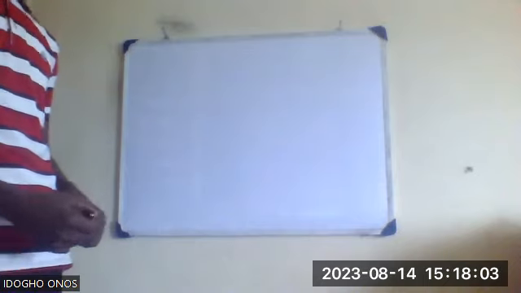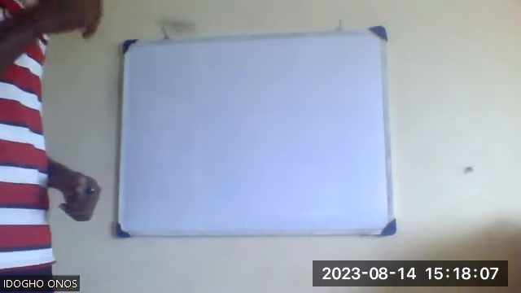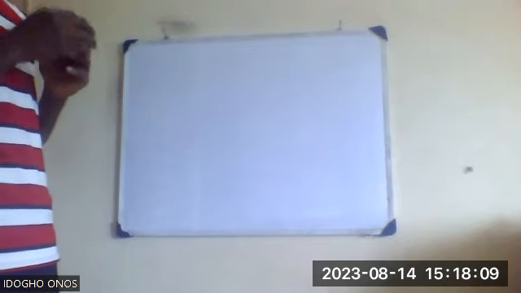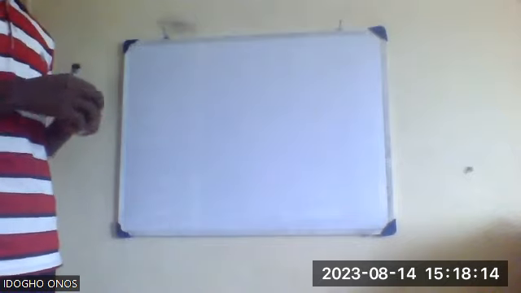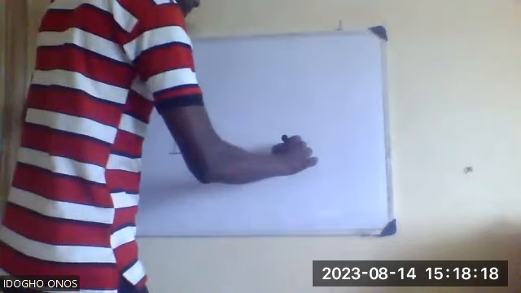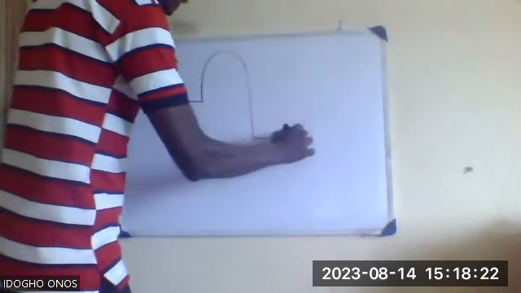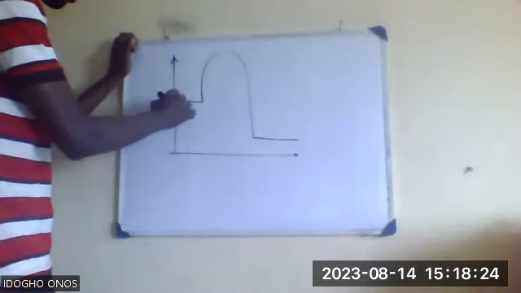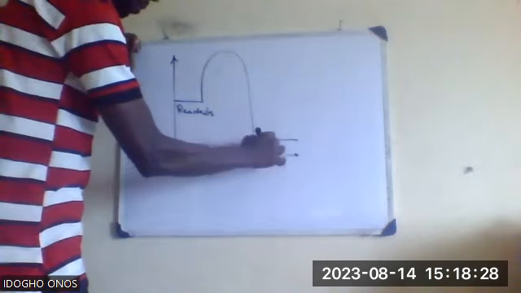Is that okay? When we want to talk about types of chemical reaction in terms of exothermic and endothermic, I will show you something there. Can you see the board?